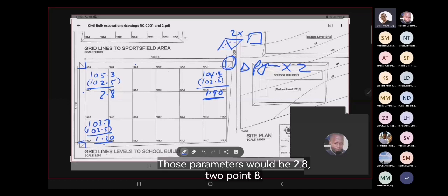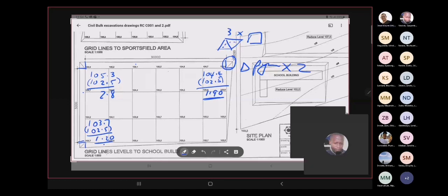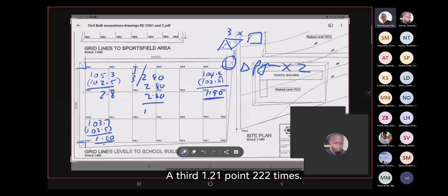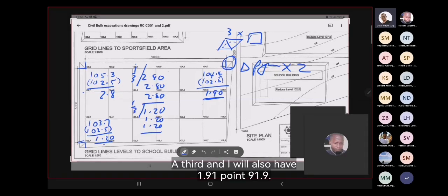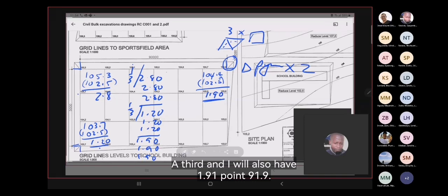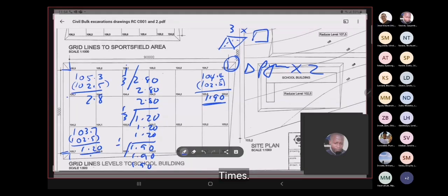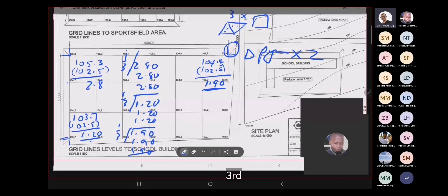Those pyramids would be 2.8, 2.8, my depth would also be 2.8 times a third, 1.2, 1.2, 1.2 times a third, and I will also have 1.9, 1.9, 1.9 times a third.